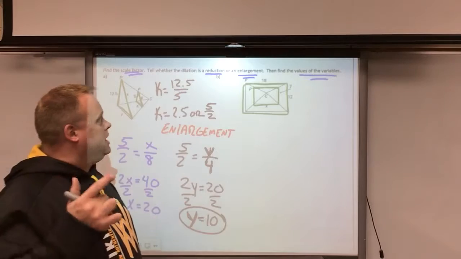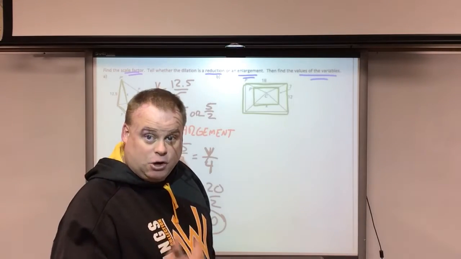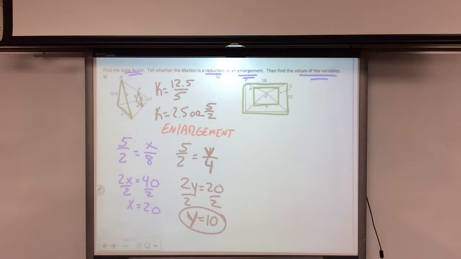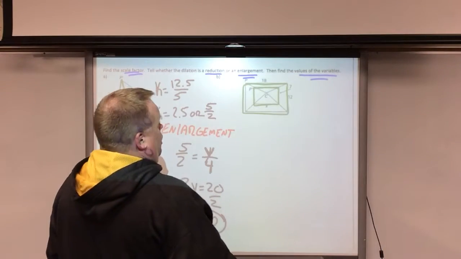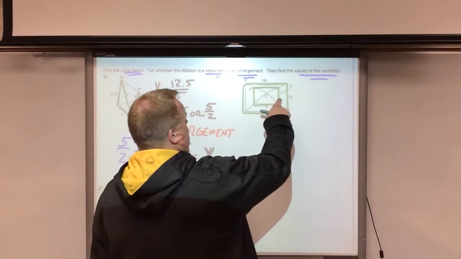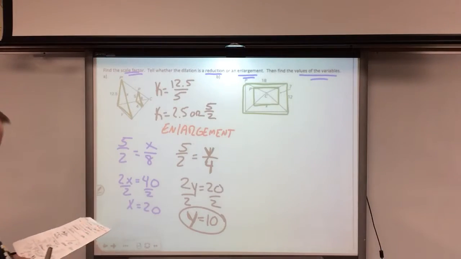Well, I want prime over pre, right? Image over pre-image. So when I look at this, which sides can I look at? Well, I've got widths, I've got 7 and 12. I got 18 and x and whatnot.